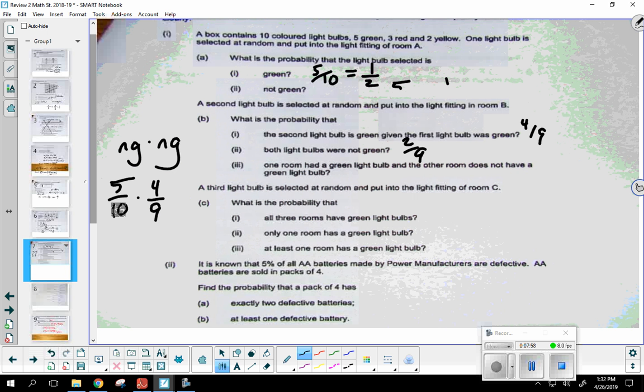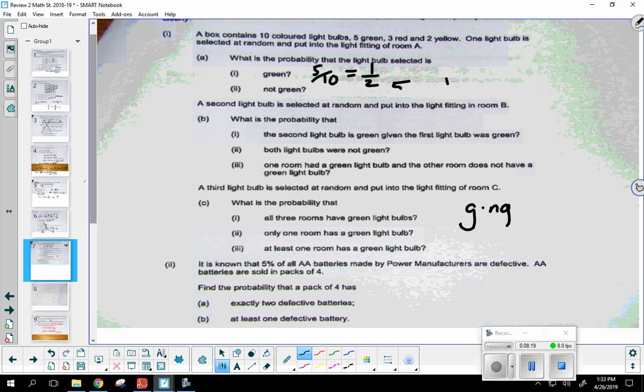And then B3, what's the probability that one room had a green bulb and the other room does not have a green bulb? So I did the same thing. There's a possibility that the first room could have a green bulb, then the second room would not have a green bulb, or it could be the reverse, not green and then green. So that would show two different branches that have the same outcome, so I would just take the sum of those.